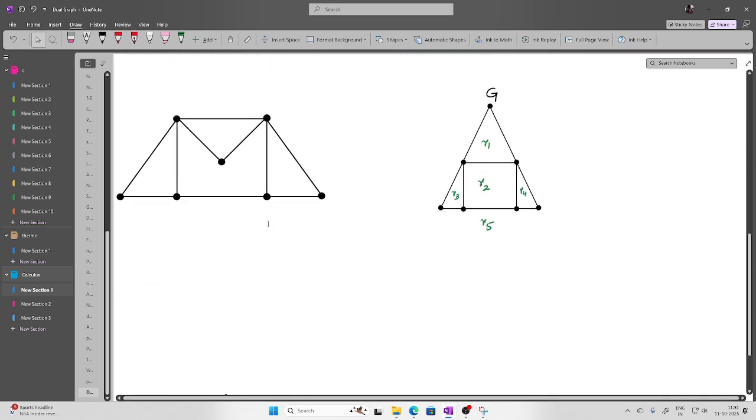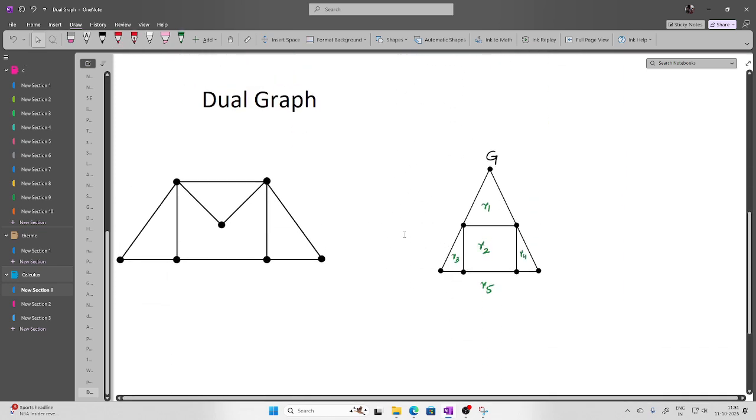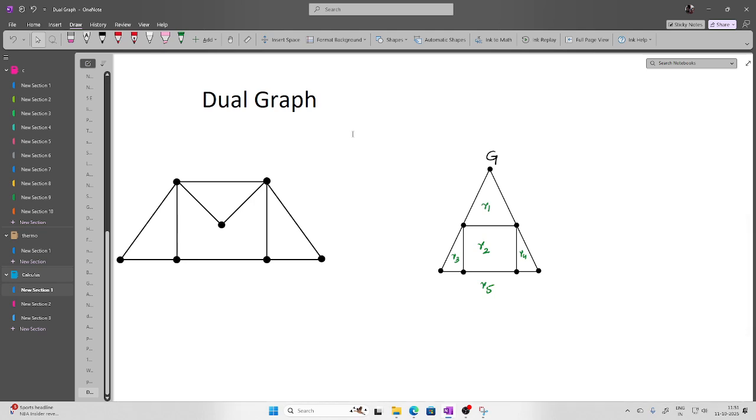Now let us come to the dual graph. So what is a dual graph? A dual graph is basically a graph which is generated from a plane graph, and the dual is basically a method of generating new graphs from an existing graph. But the only constraint is that you should be starting with a plane graph.